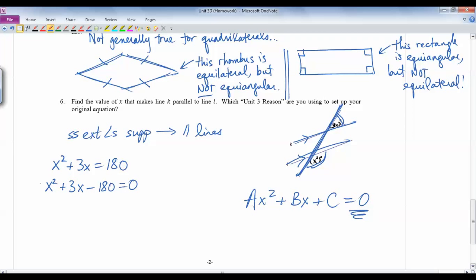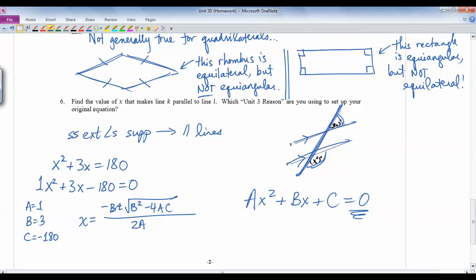And then we've got an a, b, and c. Now a in this case is 1. Right, so a is 1, b is 3, c is negative 180. And hopefully you remember the quadratic formula is negative b plus or minus the square root of b squared minus 4ac all over 2a.